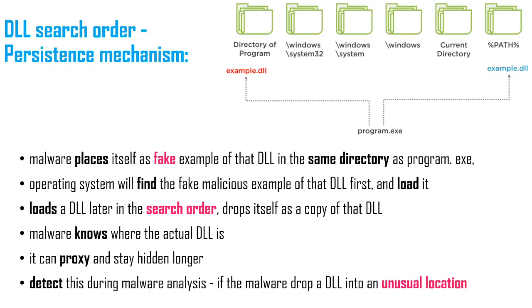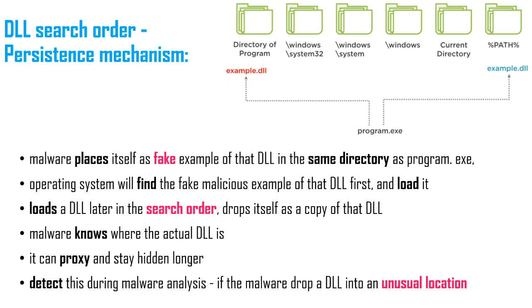Got the point, right? Program.exe needs example.dll. In the example I have been explaining, the malware places a fake DLL in most of the DLL search order locations. For example, it will drop a Windows system DLL in Windows System32, in the Windows System folder, and also in the current directory.